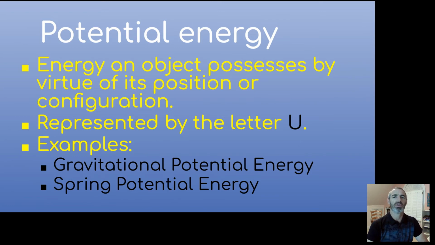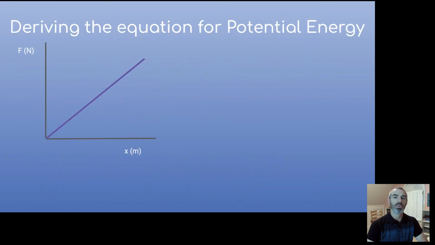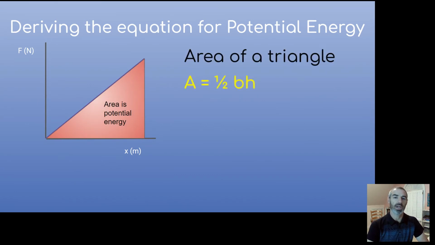So let's look a little more into stored spring potential energy. We have our force versus stretch graph, and what we talked about is that the area underneath that graph is the stored potential energy. The area of a triangle is 1/2 base times height. And we know that that area is the stored spring energy, and we're going to use Us to show that it's spring energy.